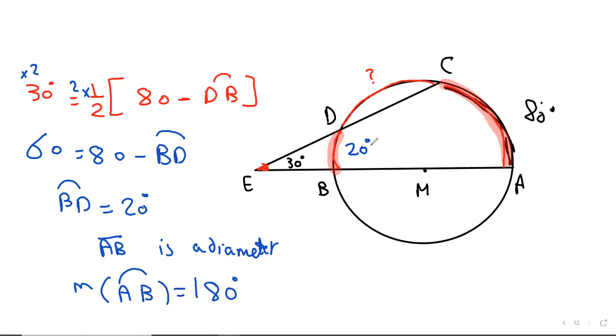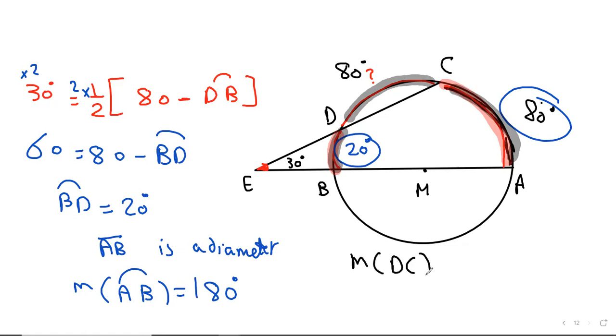It represents a semicircle. We have here 80 and we have here 20. So we are able now to find this arc because the three arcs here equal 180. So this arc is going to be 80 plus 20, 100. 100 subtracted from 180 will be 80 degrees. So the measure of the arc DC equals 180 minus 80 plus 20. So 180 minus 100 equals 80 degrees. That's it.